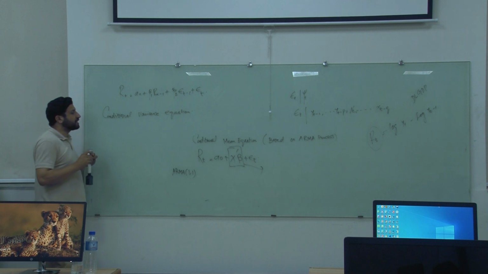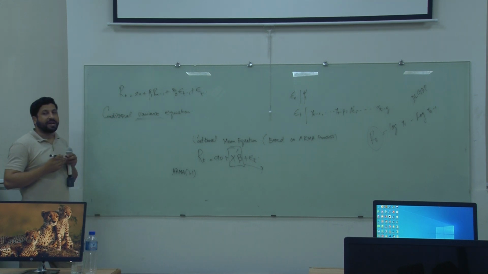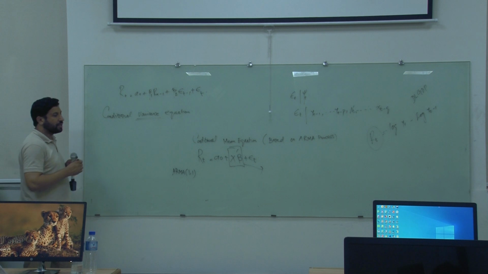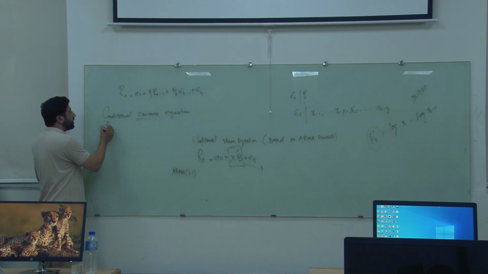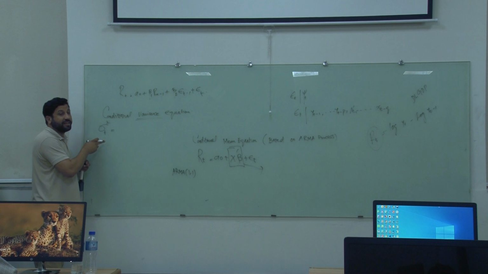When we are using the word variance, it means the dependent variable is the variance of the error term of the first equation, which is sigma square t. Because we know that our standard deviation is time dependent, that is why we are putting t here.